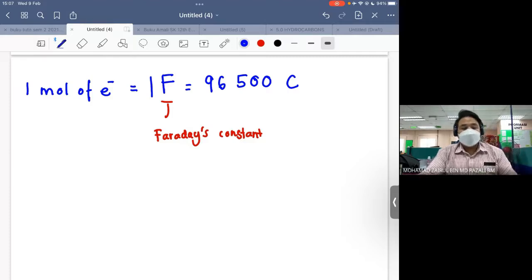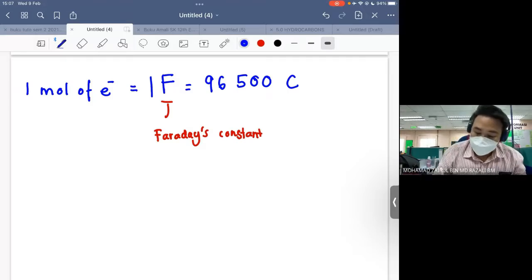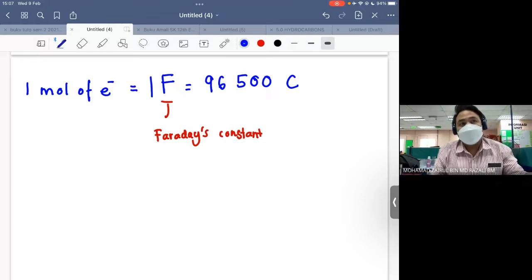Okay, so sekarang kita nak buat calculation. Kita nak tengok macam mana kita boleh apply Faraday's first law of electrochemistry ni dalam calculation untuk determine the amount of product ataupun the amount of reactant consumed during the electrolysis process.